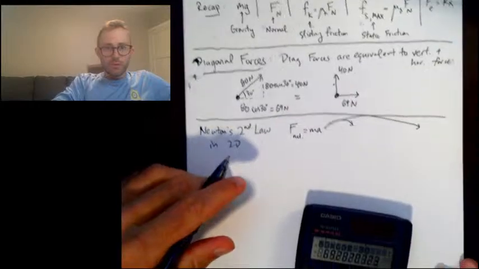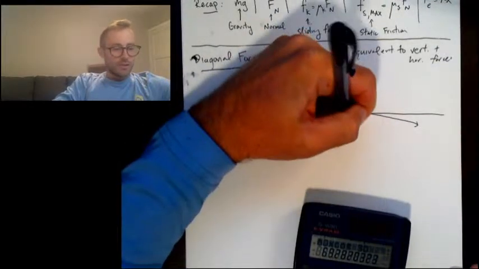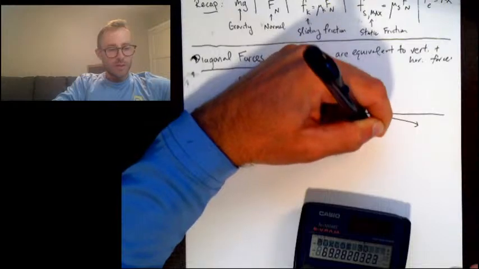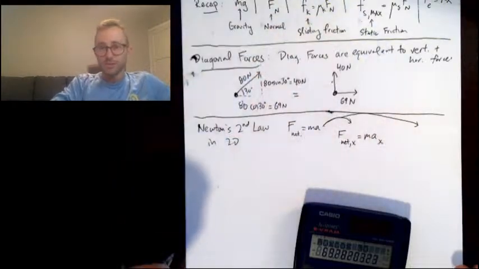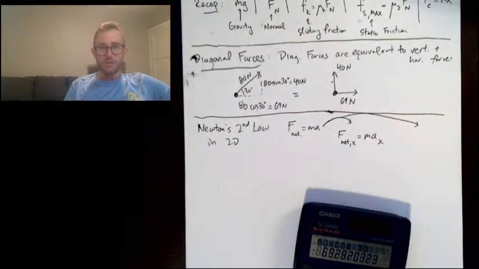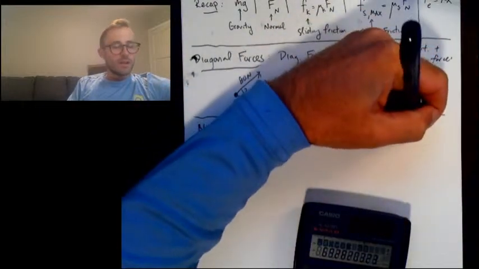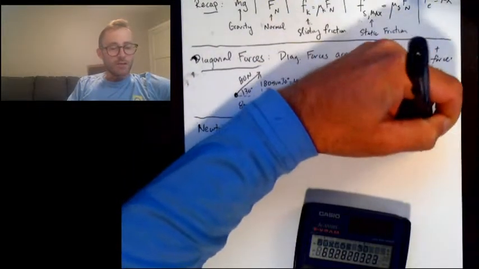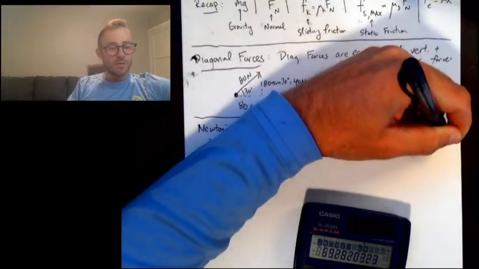So there's a net force in the x direction, which equals m times the x acceleration, or the horizontal acceleration. And then the net force in the y direction is m times the y acceleration.